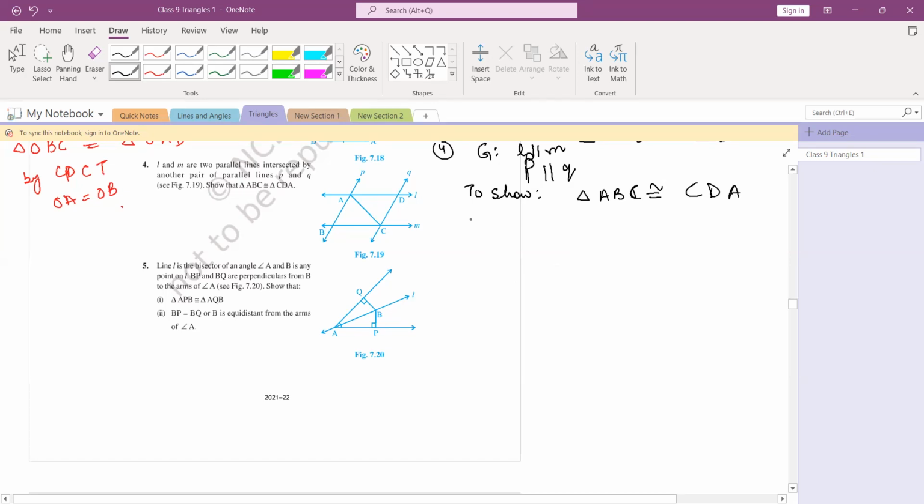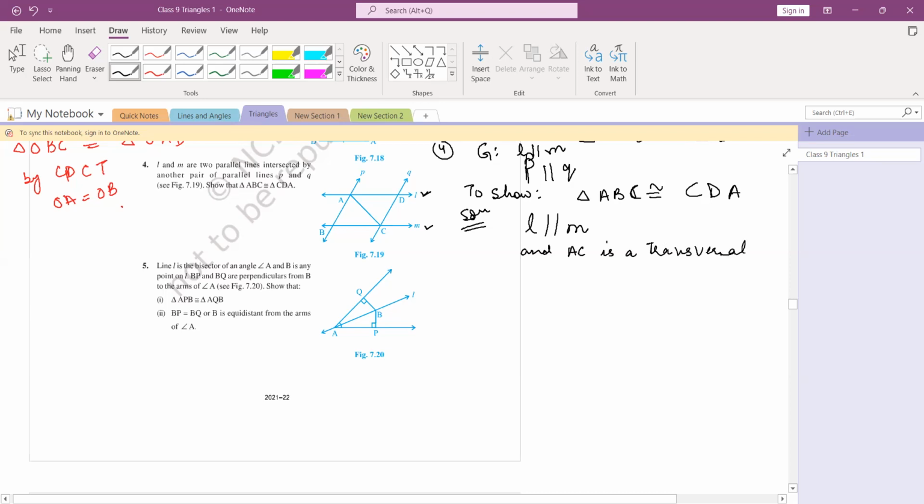Yes. So let's do the solution. Very good. So you will use the first thing: it is given that L is parallel to M. Now you see, this is L. This is M. And we can see that AC is a transversal cutting the two parallel lines, isn't it? Yes, ma'am. Okay. L is parallel to M and AC is a transversal.